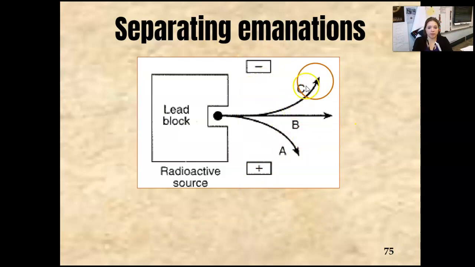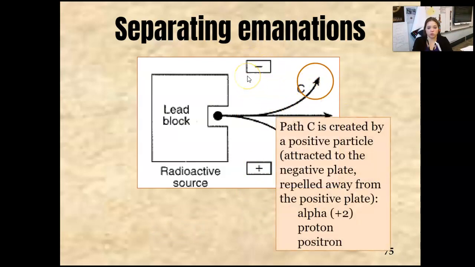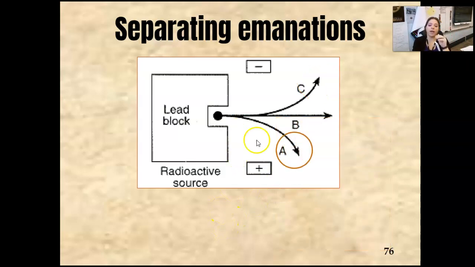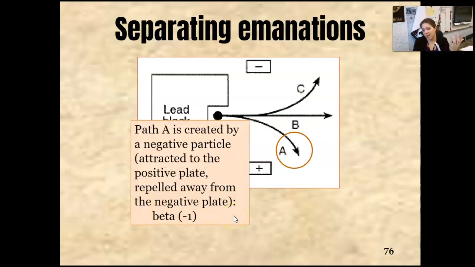So looking at C, C wants to go towards the negative, so it's got to be a positive particle, just like I was talking. It's repelled away from the positive plate because it doesn't want to be there. So it could be an alpha particle, a proton, or positron. So 3 different things. Well, let's look at the A. A goes towards the positive, so it's got to be a negative, which means a beta, or possibly an electron.